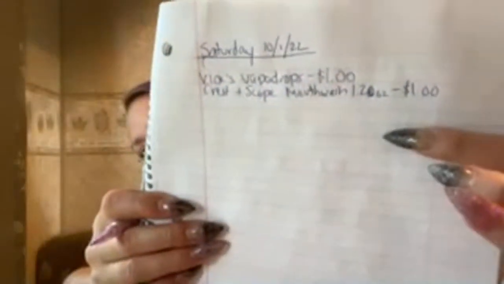Vicks Vapor Drops, $1. So I got the Vicks Vapor Drops at $1. The Crest with Scope mouthwash, 1.2 ounces. They are $1. Then the Oral-B.